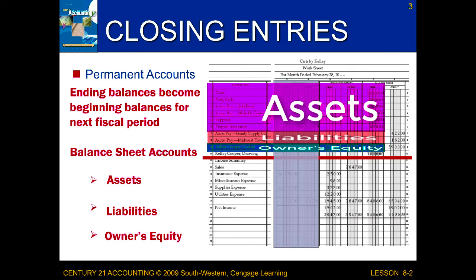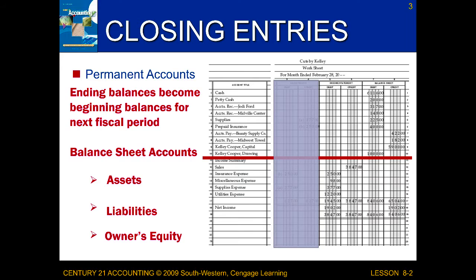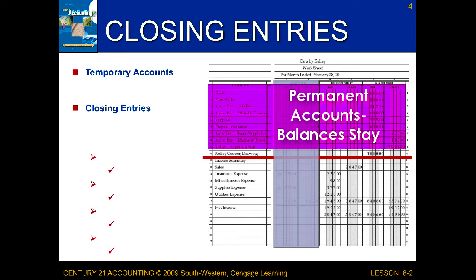So all three of those types of accounts, or our balance sheet accounts, are going to roll over until the next month. Now these again are called permanent accounts, and they are the opposite of what we call temporary accounts.